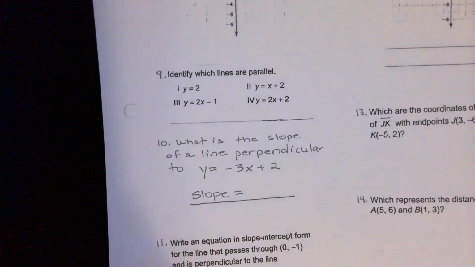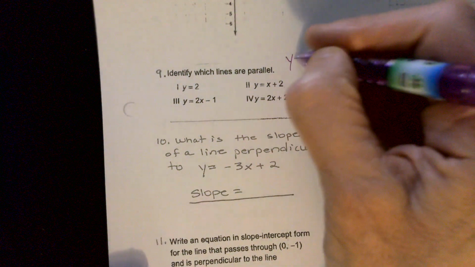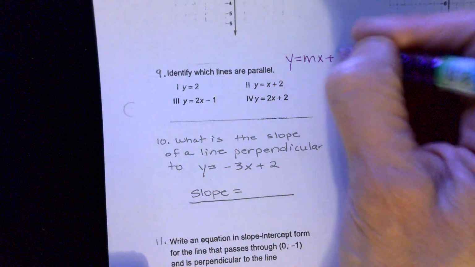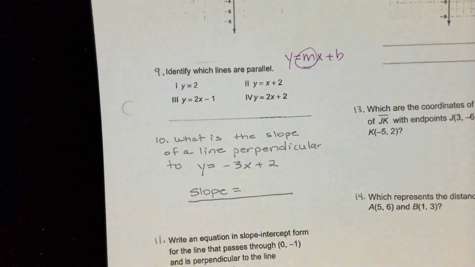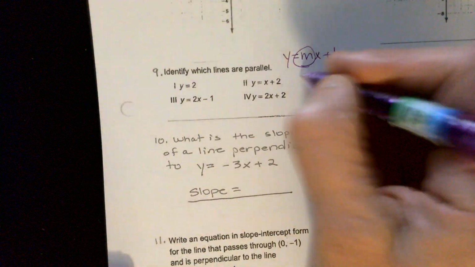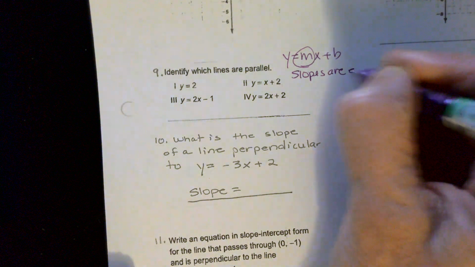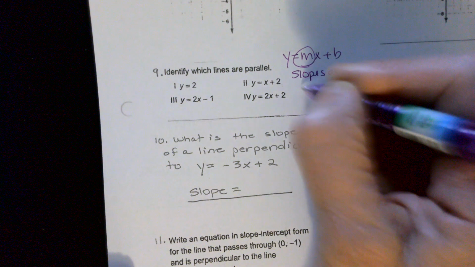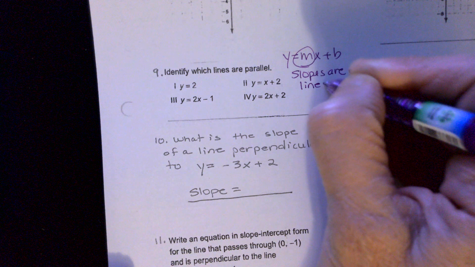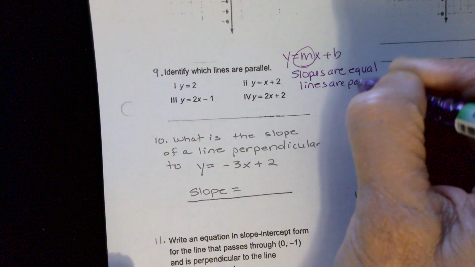All right, number 9, which lines are parallel? Remember, again, back to our equation. This is our slope. And if the slopes are equal, lines are parallel.